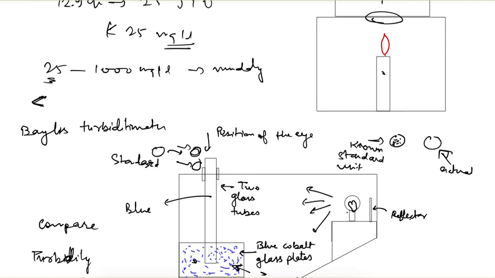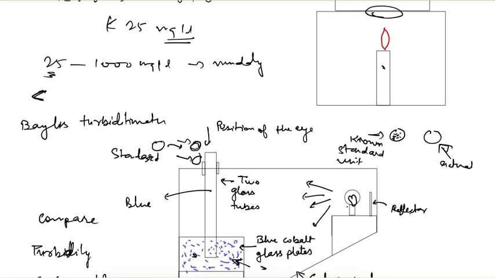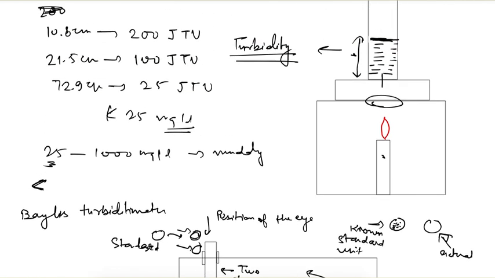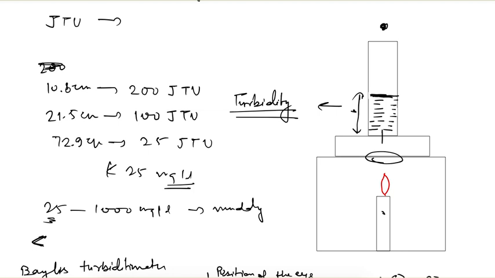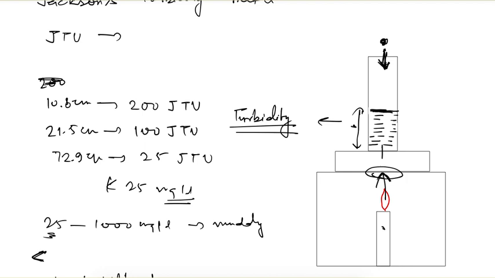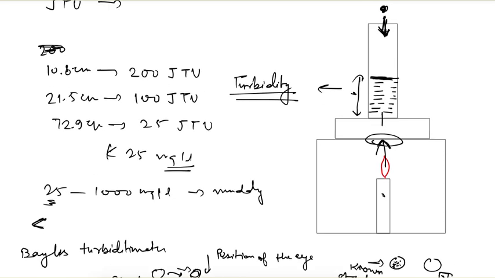In the conventional method, the one thing you should observe is that in this Jackson's turbidity meter, the light of the candle is going in the upward direction and our measurement is also parallel to this direction. So we are going in the same direction. Our measurement and the light directions are in one line.